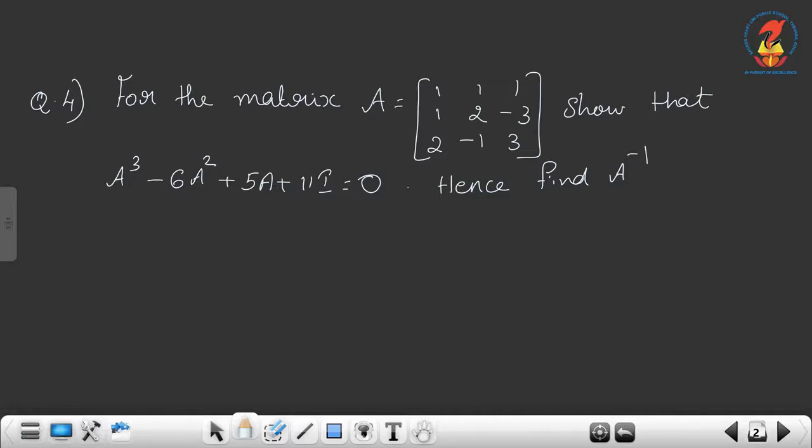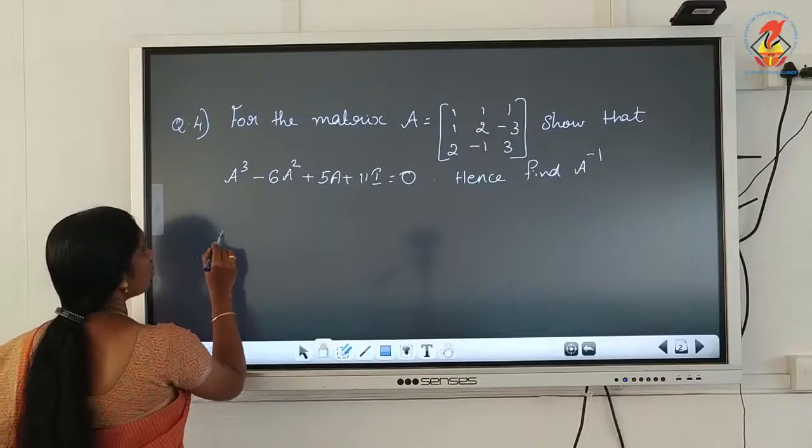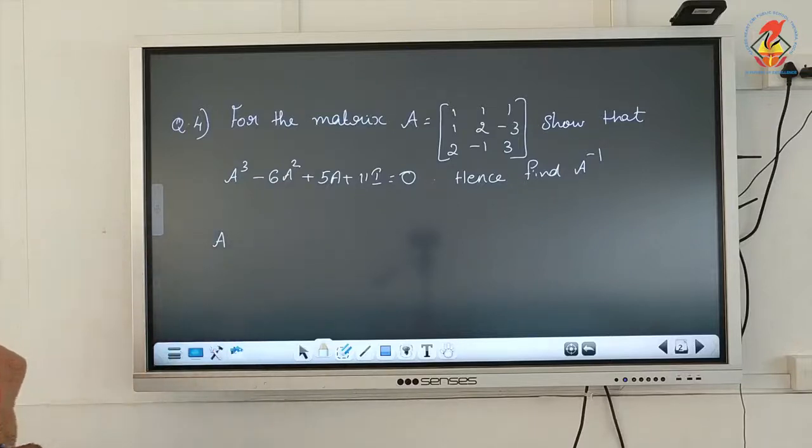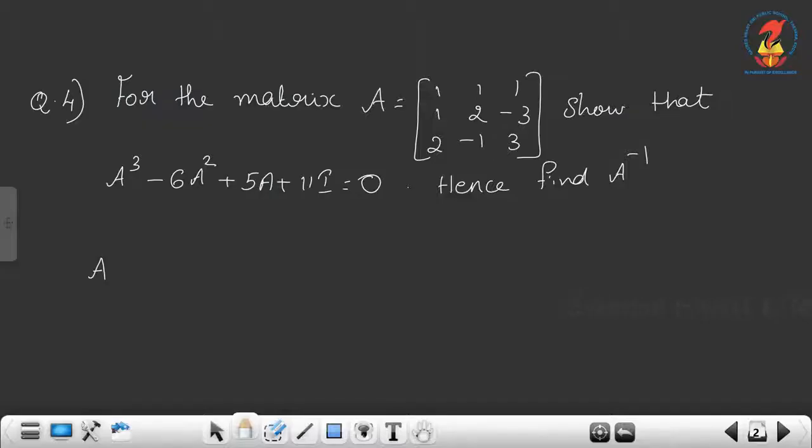So, first we can find A cube. A cube is A square into A. So, first we can find A square. A square is equal to A into A. That is matrix [1, 1, 1; 1, 2, -3; 2, -1, 3] into the next matrix, A itself.